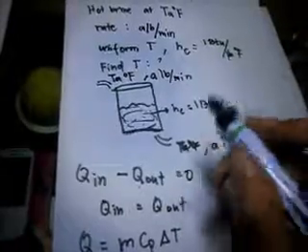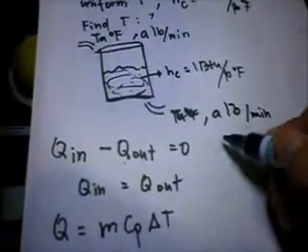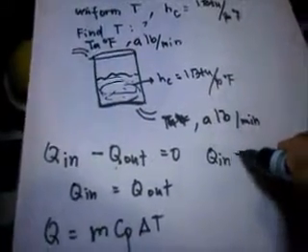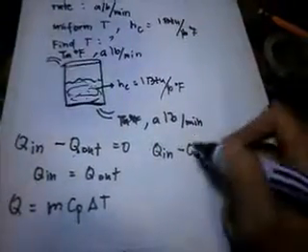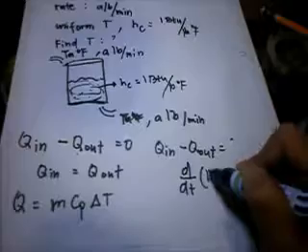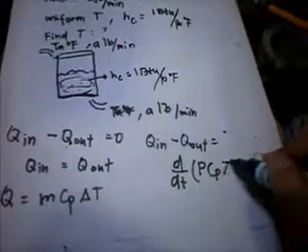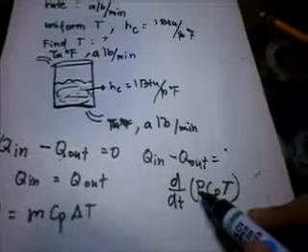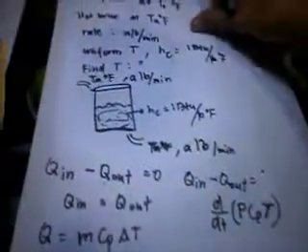If we differentiate this to find T as a function of time, we can write this equation as Q in minus Q out equal to d over dt of P Cp T, where P is our mass, P pounds of brine.